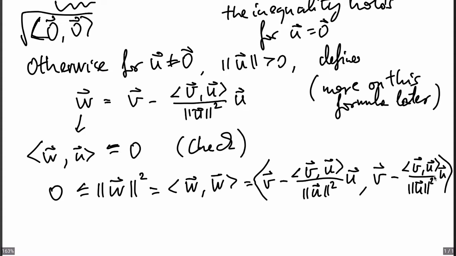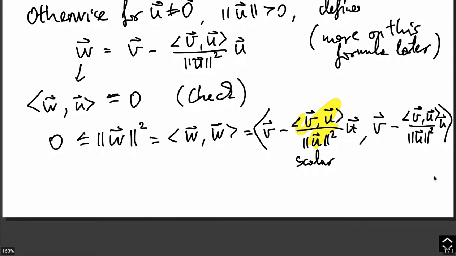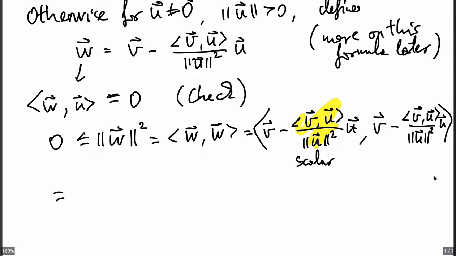Also note that this is a scalar, so you are subtracting a scalar multiple of U from V. If we use all the properties of the inner product, this is like multiplying it out using the FOIL method.